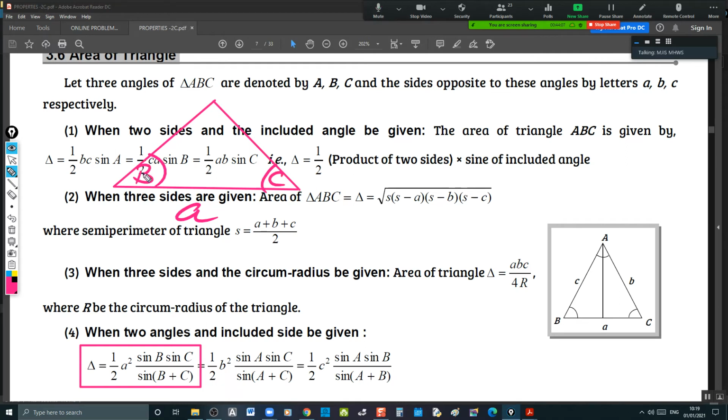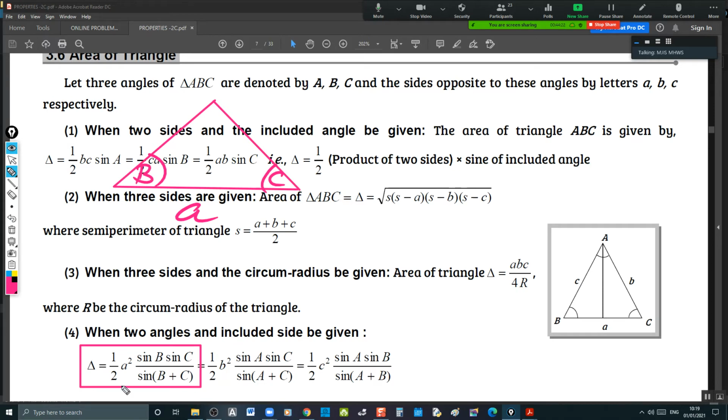Otherwise, you will have lengthy simplifications. In other ways also you can find it out, but if this is used, then it is a direct formula.